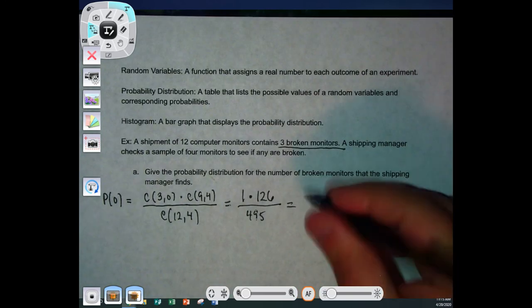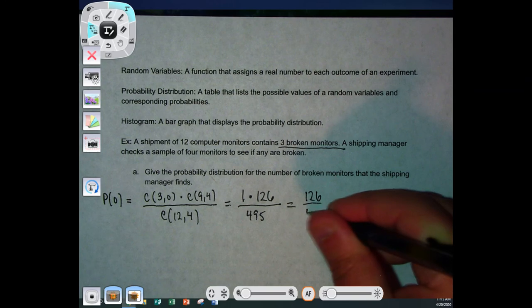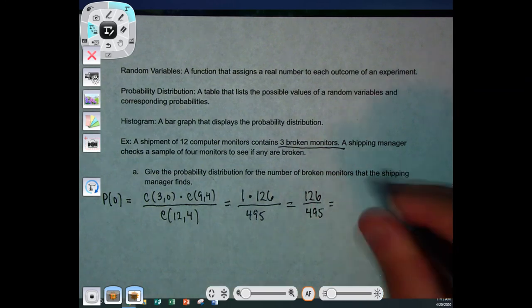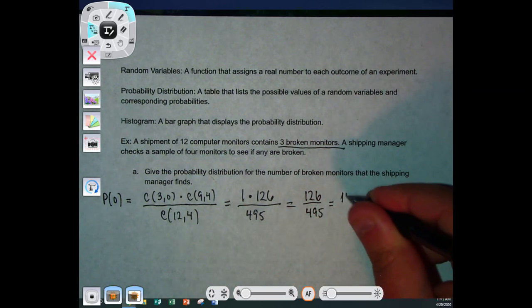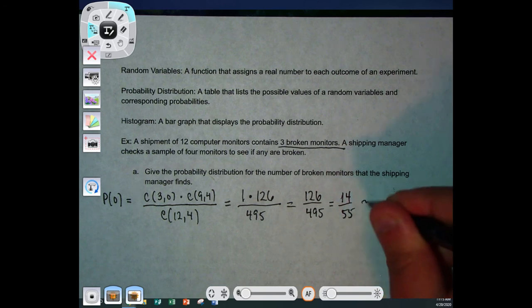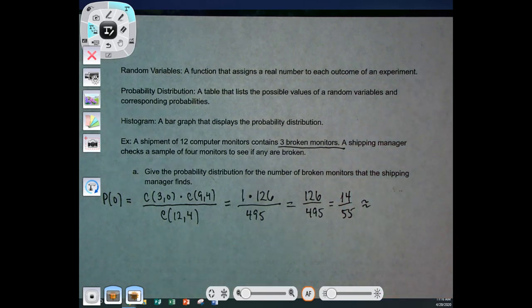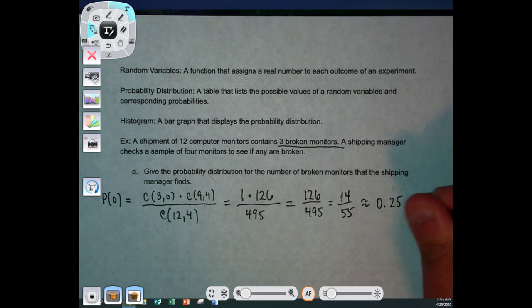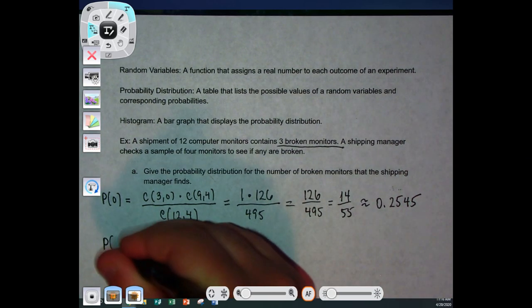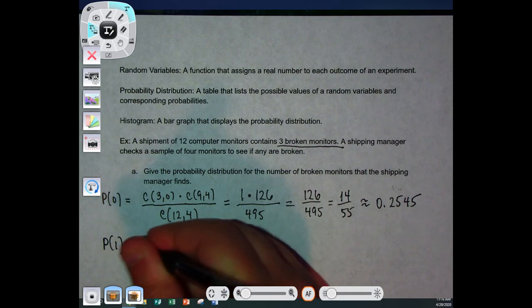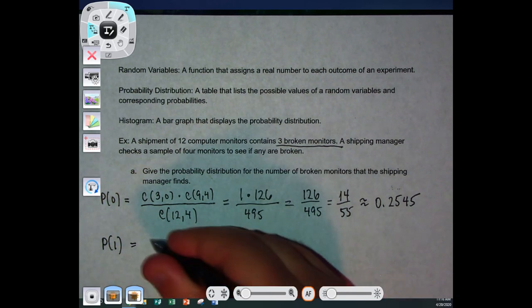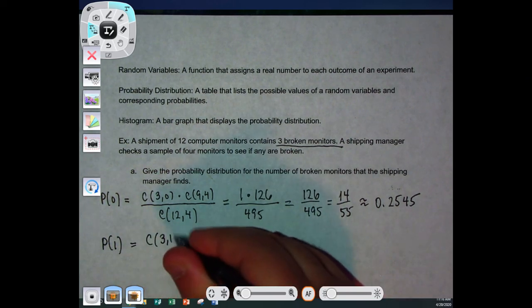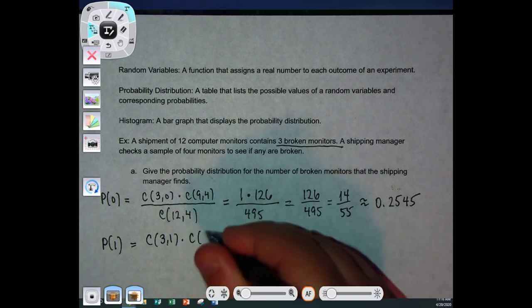So we end up with 126 over 495, which is equal to 14/55. 14/55 is approximately equal to 0.2545.